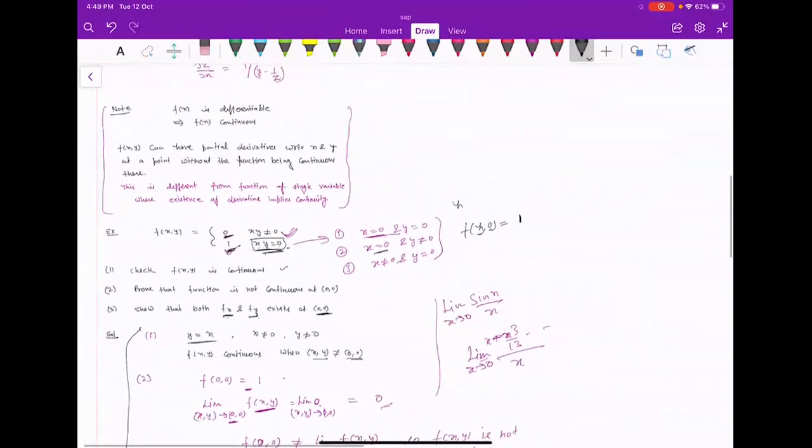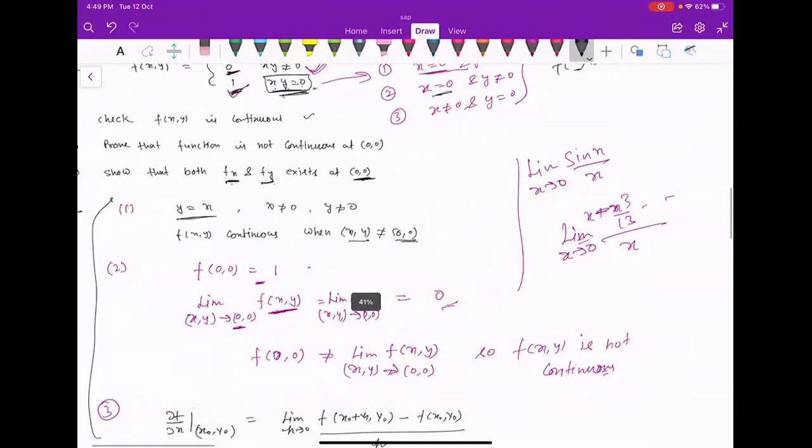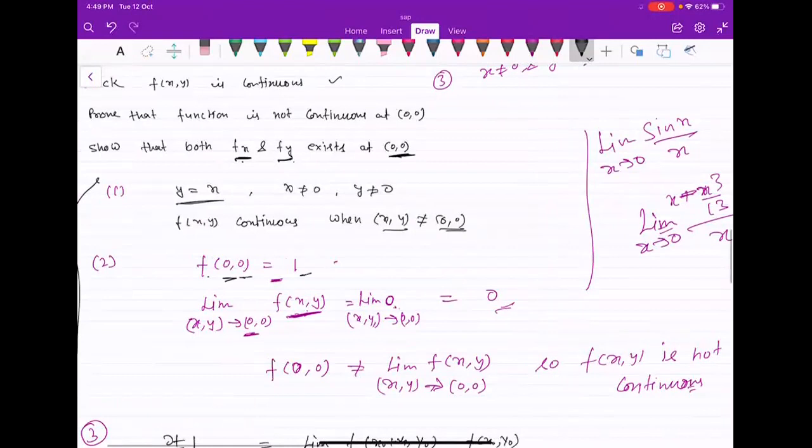Partial derivatives may exist in the case of a function of more than one variable, but we cannot say whether the function will be continuous or not. The function is not continuous at 0, 0. At 0, 0 we checked the function value is 1 and the limiting value is coming out to be 0. 0 is not equal to 1.